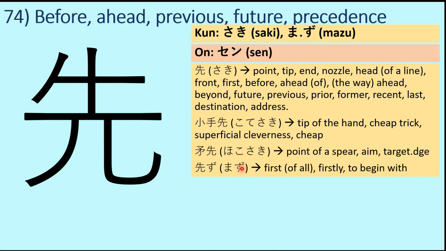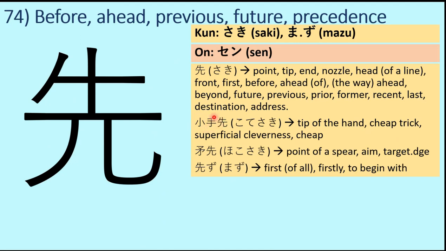So in this way, the symbol of saki or mazu gives different kinds of meanings based on these different usages. Here you can also see this kanji for small or little that we just discussed in today's lesson.